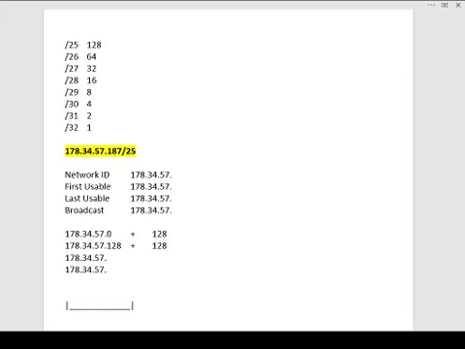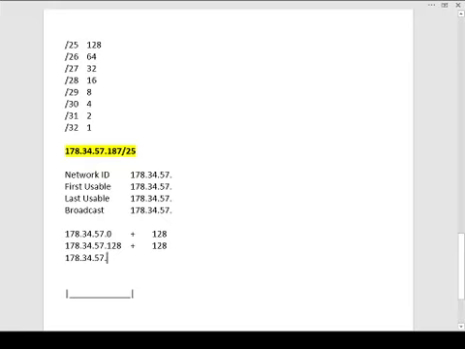Now this is where people tend to get confused, because they think 128 plus 128 equals 256, which it does. But remember, you cannot use 256 in an IP address, nothing higher than 255. Well, the network IDs have to be even, so it can't be 255. That's not going to work. So what happens is kind of like an odometer in your car. It is going to need to roll over. And I'm going to get rid of this one to cut down any confusion.